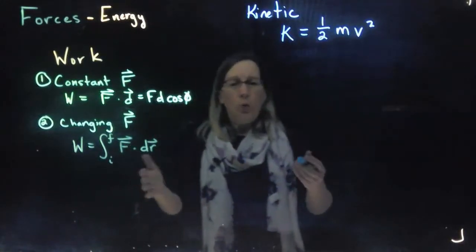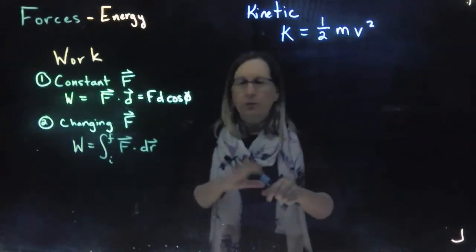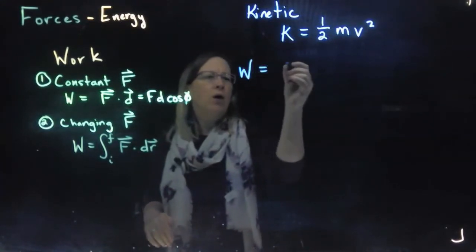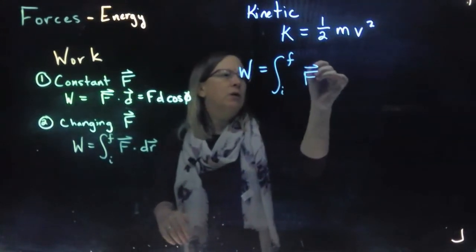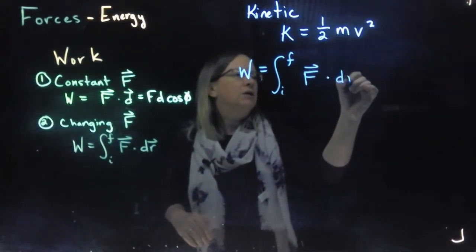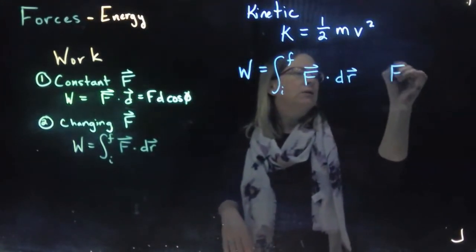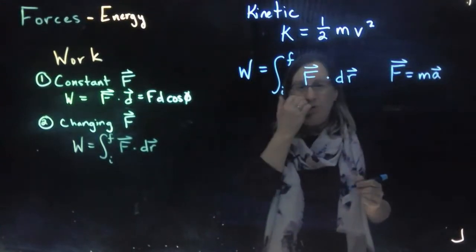Now, where does the work energy theorem come from? We start with this equation and we do a little bit of calculus. We say, hey, the work from initial to final is equal to the integral of F dot dr, but we know force is equal to mass times acceleration, right? The sum of the forces.